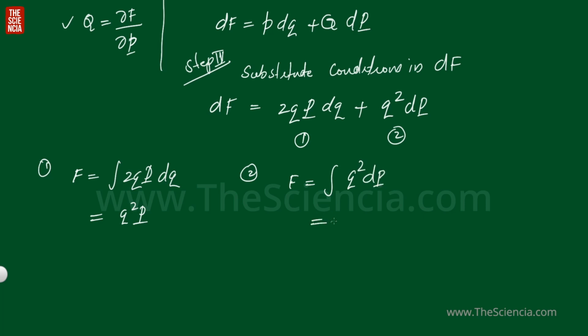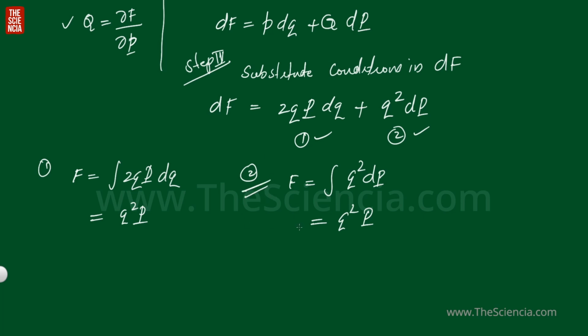What do you get? You get q square into P. So to find f, you can choose either 1 or 2. The final answer will be the same. When choosing 1 or 2, you have to consider one thing: choose whichever is easier to integrate. Here this one is easier to integrate.